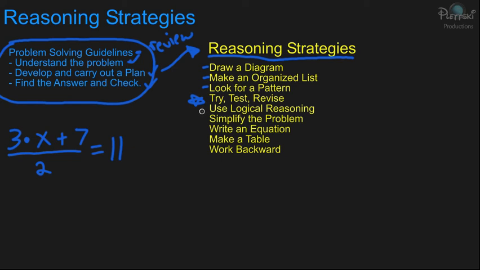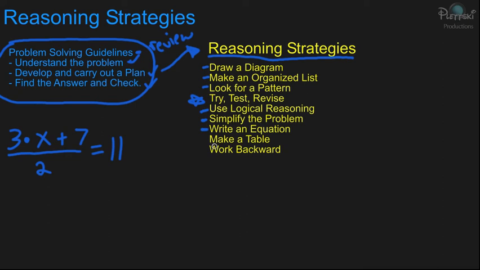Another way is to use logical reasoning. You can just think through a problem, and sometimes you can get the answer. You can simplify the problem. Sometimes there's unnecessary information, or it's posed in such a way that you can simplify it, and then it's easier to solve. You could write an equation.